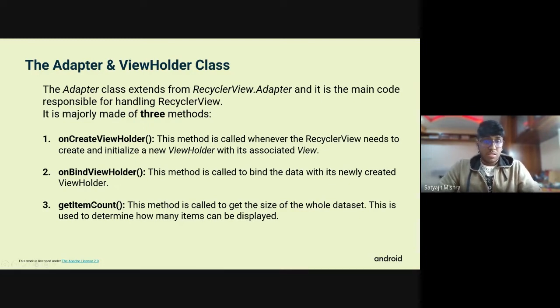And the third method is getItemCount. In this method, the recycler view needs to know in total how many items there are in my list, the total size of the list, so that it will know when to recycle an item and when not to. In getItemCount, when we pass a list to our adapter, that is when we define the size of our list as a whole.